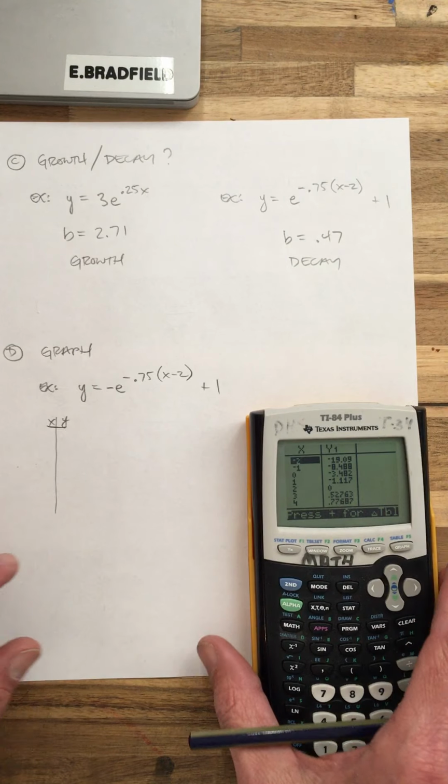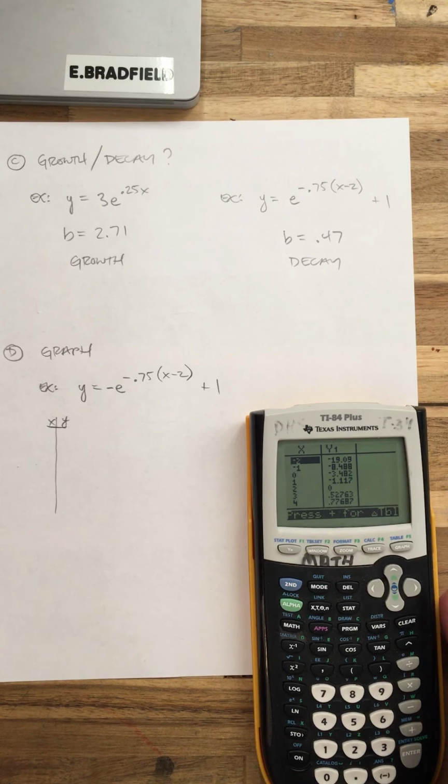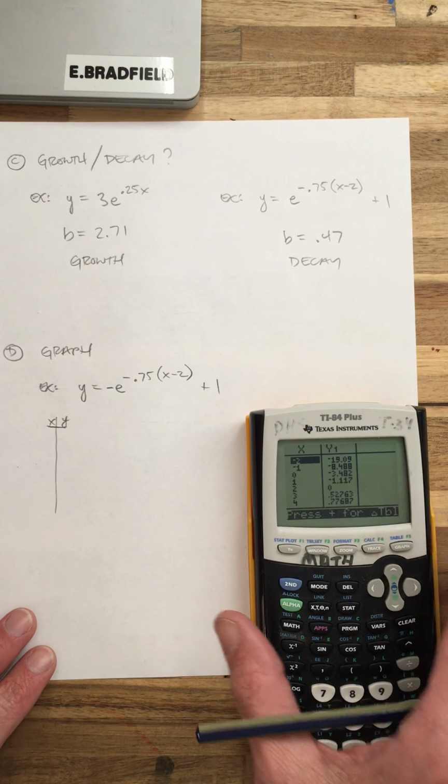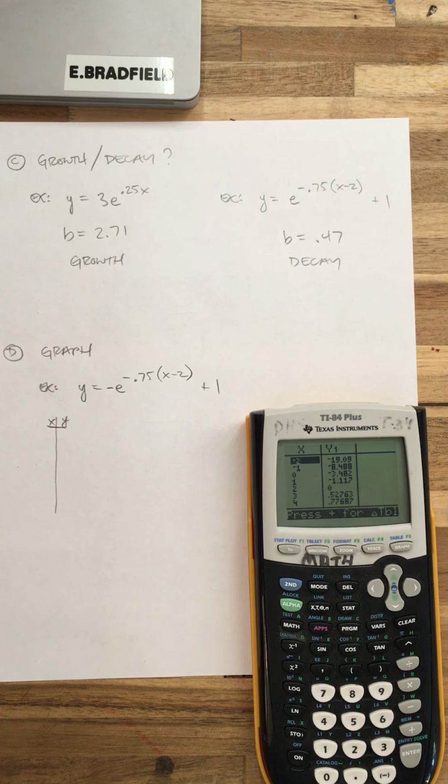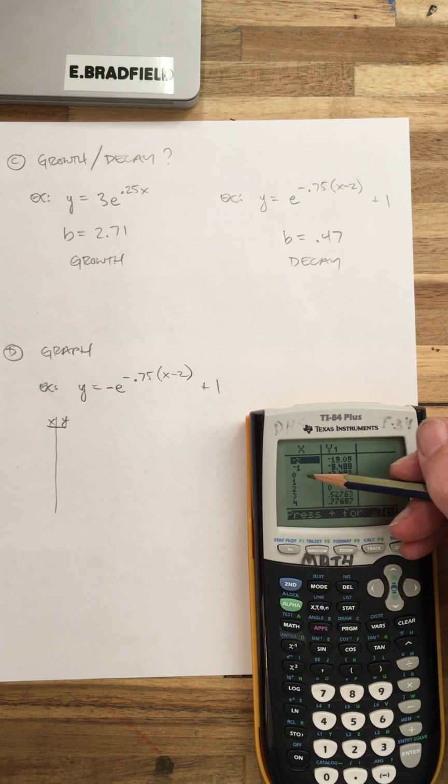Now remember, this shifted 2 places to the right. Remember how if I just set up my normal t-chart, I put -2, -1, 0, 1, 2. But this shifted 2 places to the right. So look, if I would have started with -2, it gives me -19. That's too big. I don't want to graph that. Even -1 is too big. But let's just start with 0.